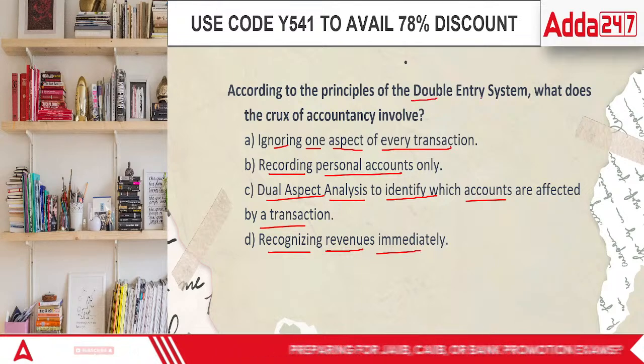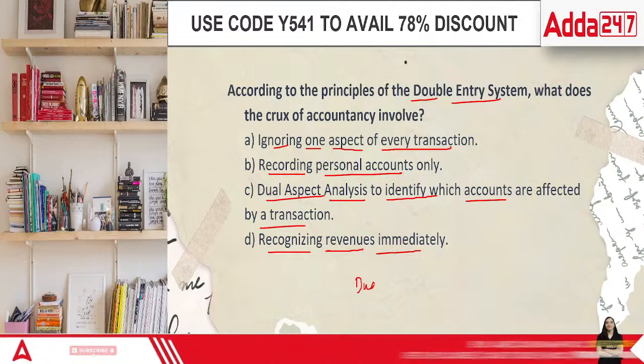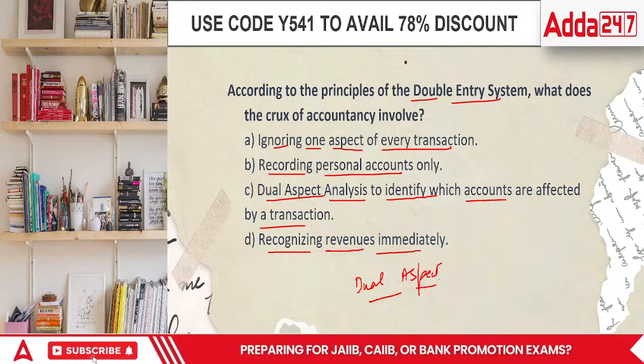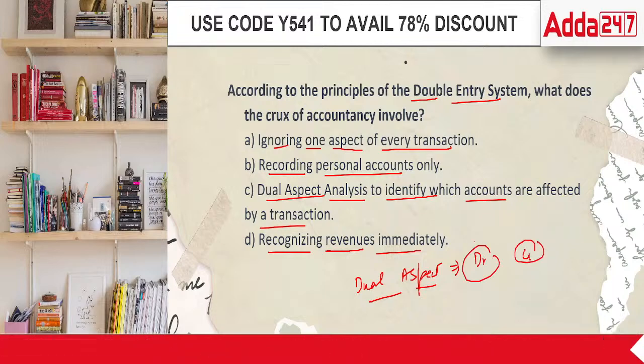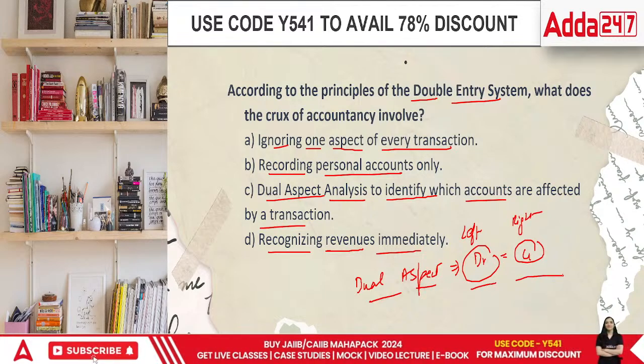When we talk about the double entry system, it means recording dual aspect. Dual aspect means recording both sides. That means the first side is the debit side and the second side is your credit side. This is your left hand side and this is your right hand side. Whenever we record, you will always be recording in this manner in terms of your journal entries.